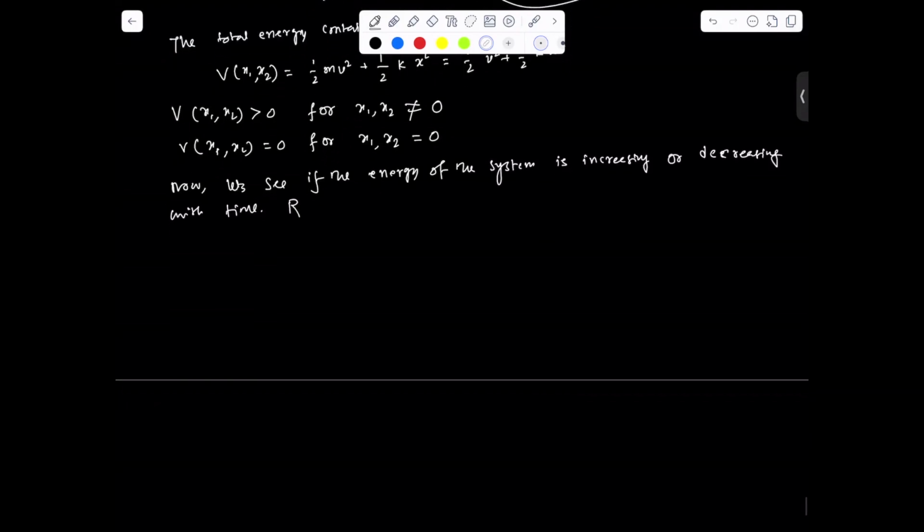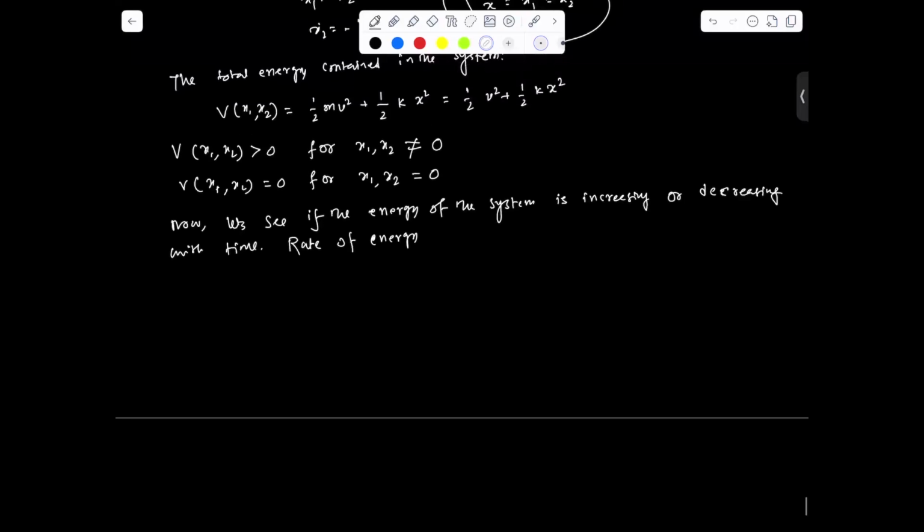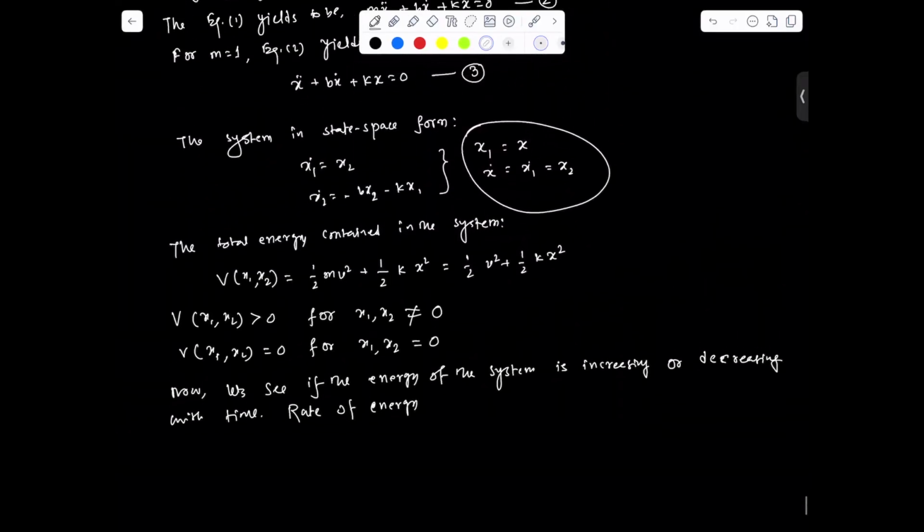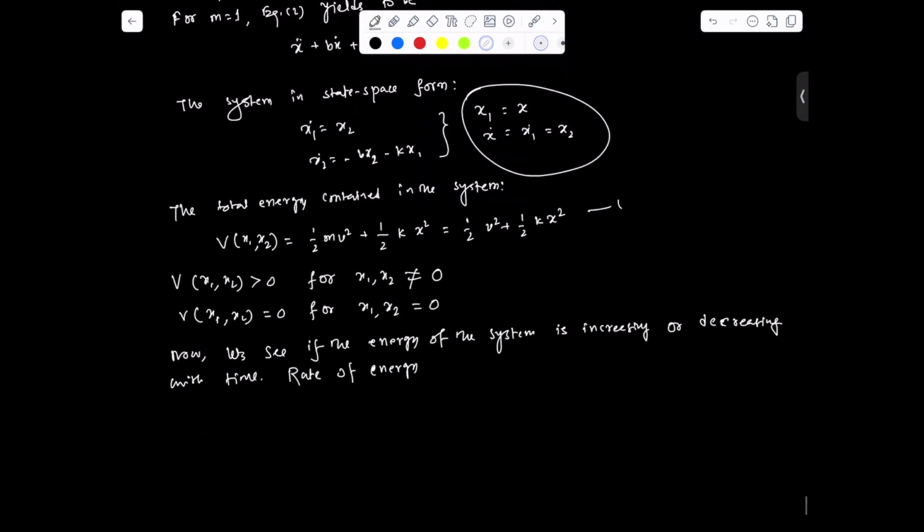So rate of energy, which is the equation 4, or we can define this as equation number 5, and this is equation 4.